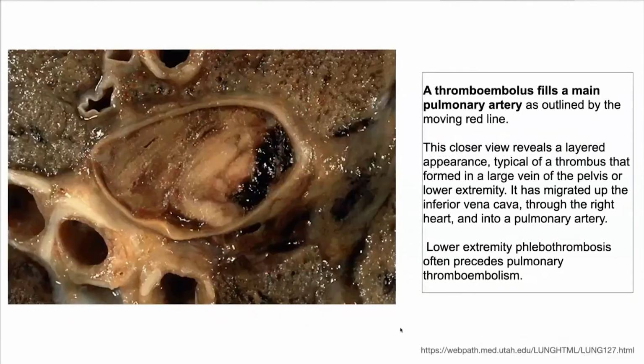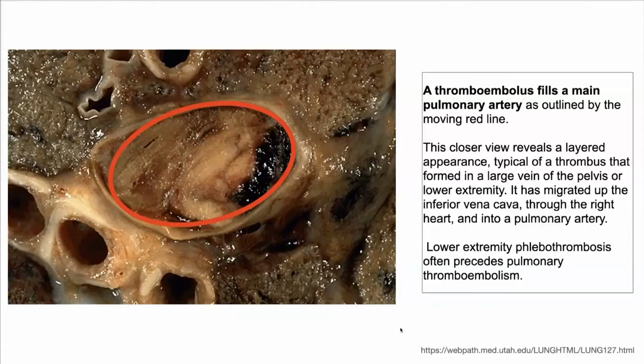This is a close-up of a thrombus in the main artery of the lung, in the red circles. You can see on the right side is the fresh clot, and the ones in the middle and on the left are the older clots that have been organized and become a bit fibrotic.